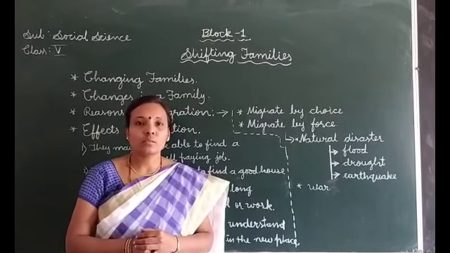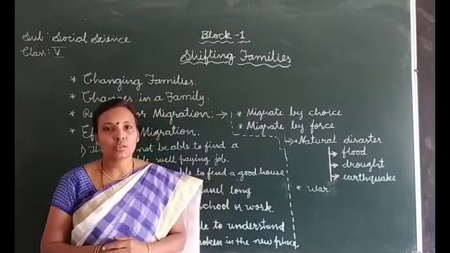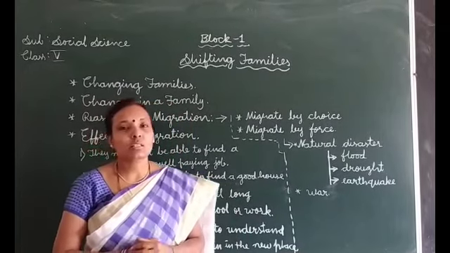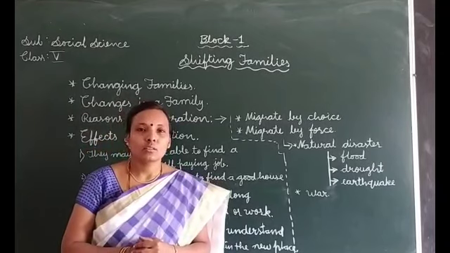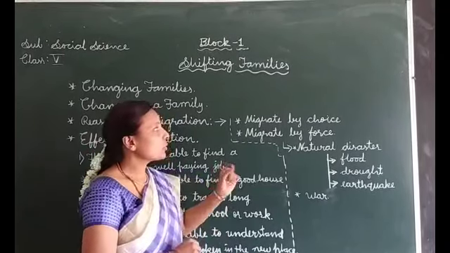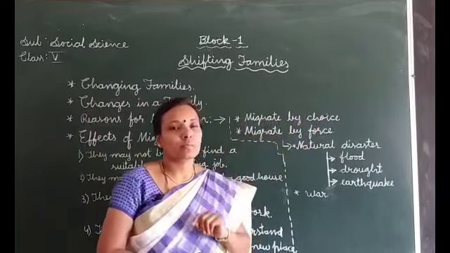Or one more reason, to get better education. To provide good education for children, some families may move to a new city or new country. So this is about the families migrating by choice.